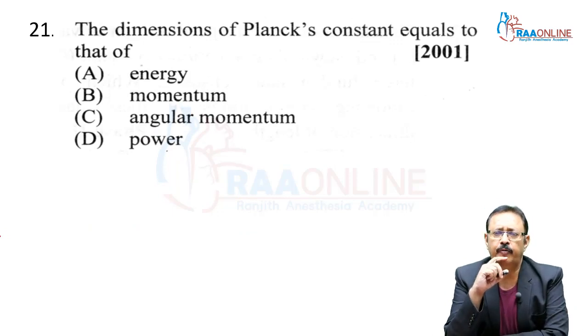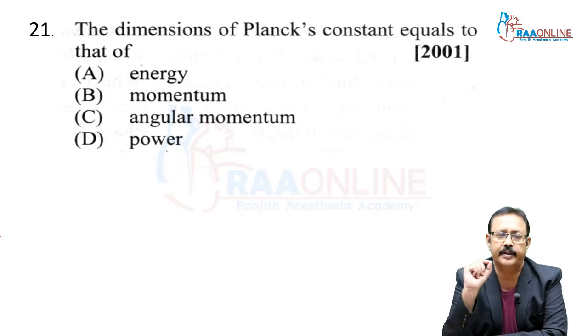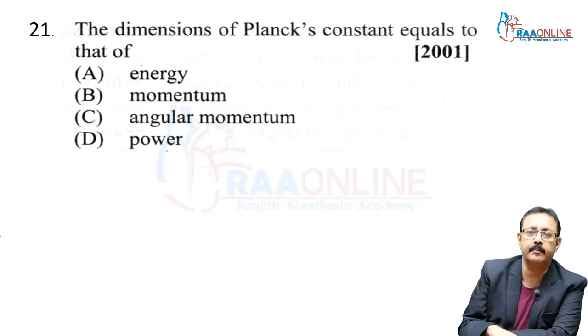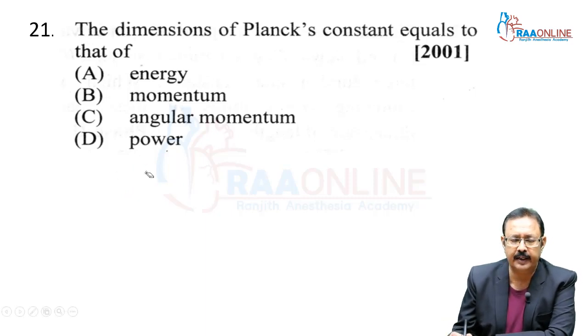The dimension of Planck's constant is equal to that of which quantity? Where did you study Planck's constant? We studied Planck's constant in the photoelectric effect. Photons have energy; the energy of a photon is given by E = h nu.